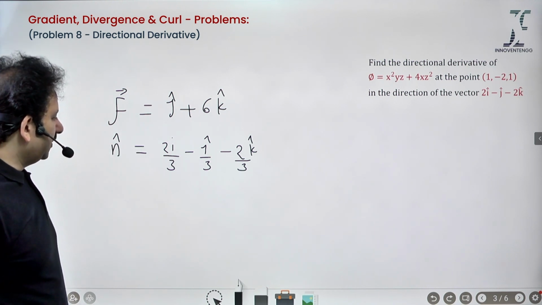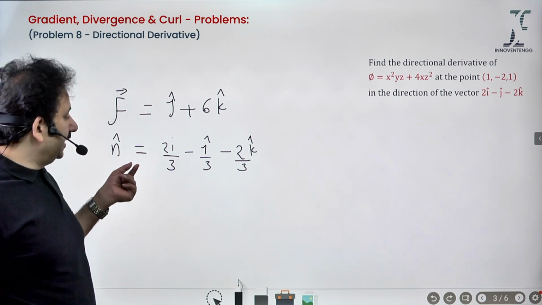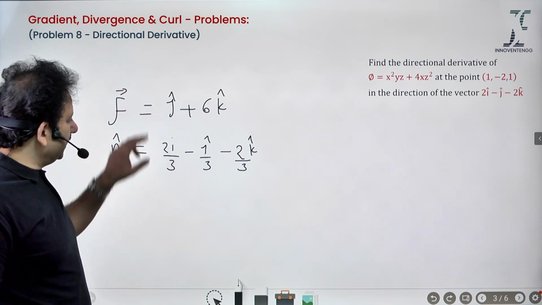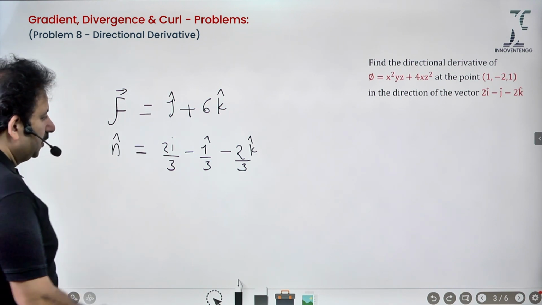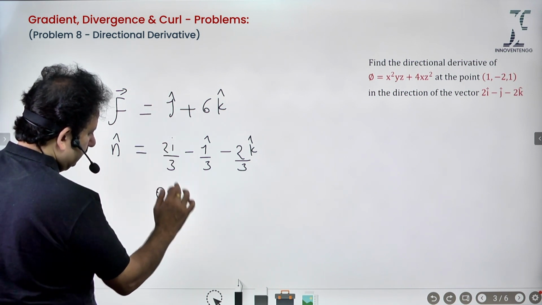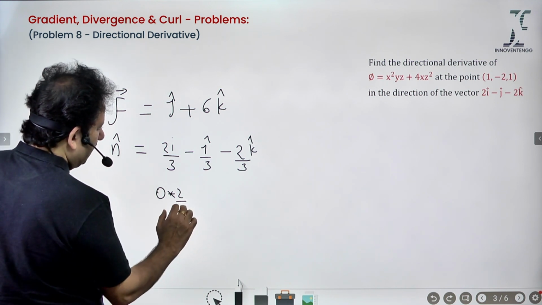So whenever you are taking the dot product, remember you are taking the product of corresponding elements, i, j and k. But here the i element is absent, that is 0. So you don't get the first element, that is 0 into 2/3. And then what about the next one?